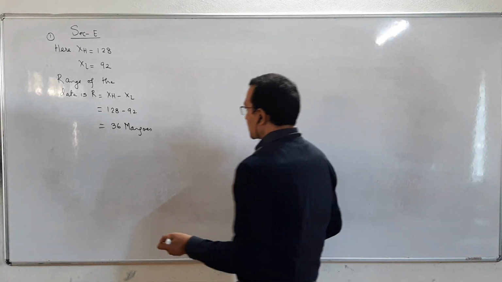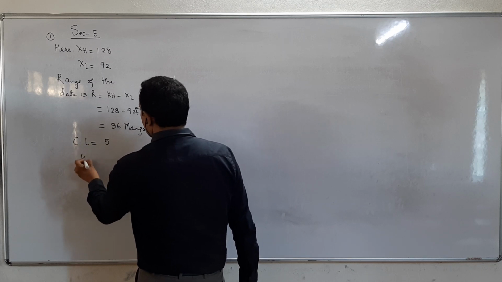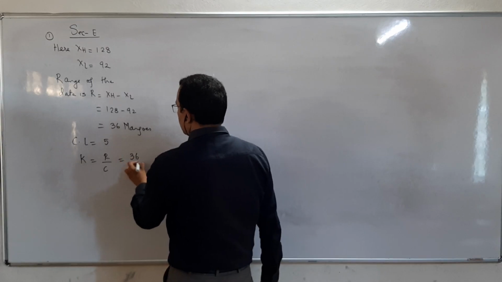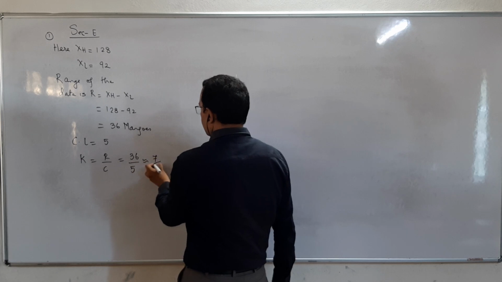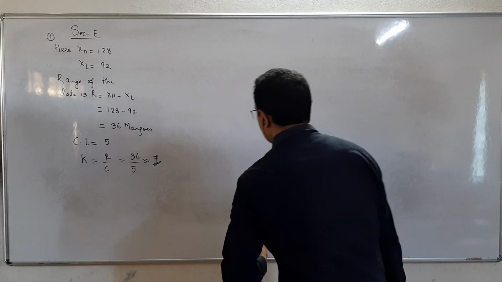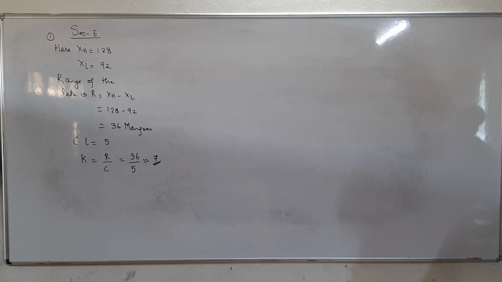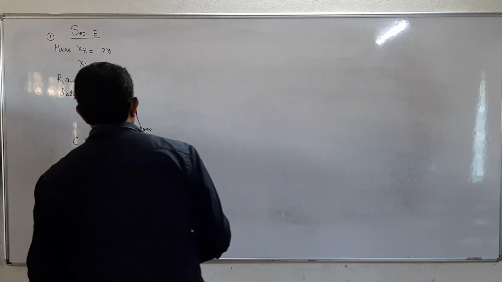So we are given class length equal to 5. So number of classes is range divided by class length, 36 divided by 5. So approximately 7. It is not exactly 7 because 7 5s are 35. So approximately, students, we can make 7 classes or even more than 7.